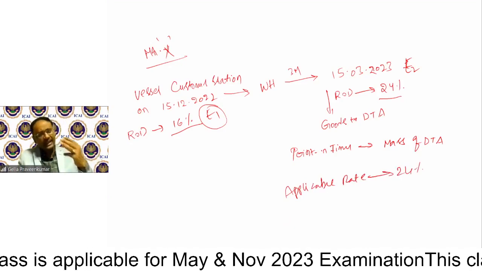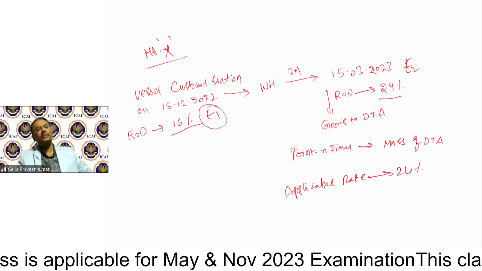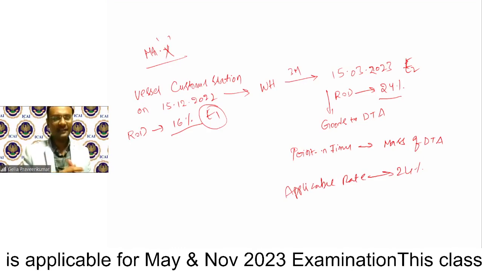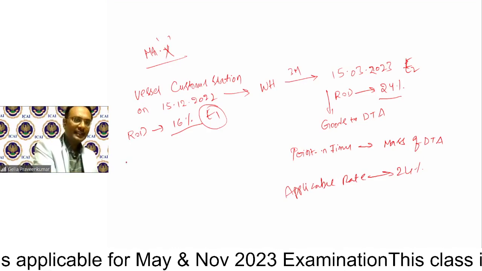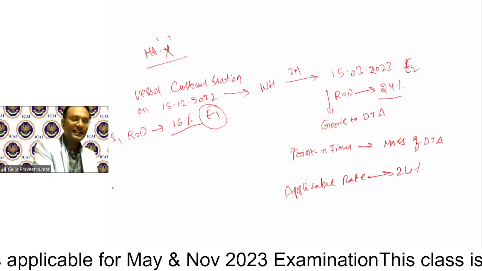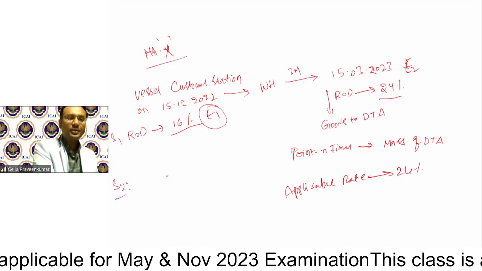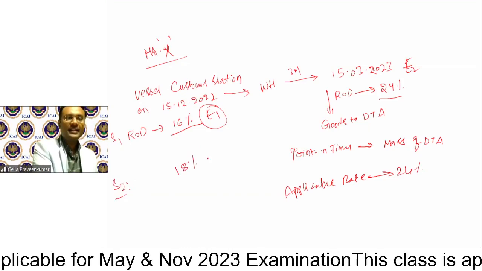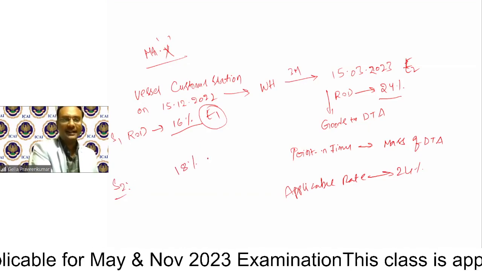Examination, expect a 3 marks problem where the question may be along this line or slightly varied. Scenario 1 is what we have discussed. Scenario 2: the rate of duty happens to be, say, 18% when the vessel came into the customs station.